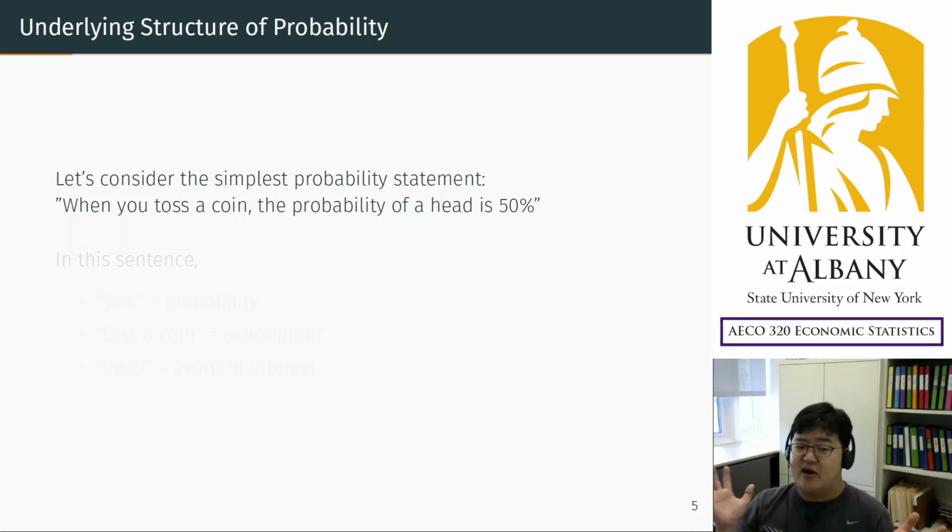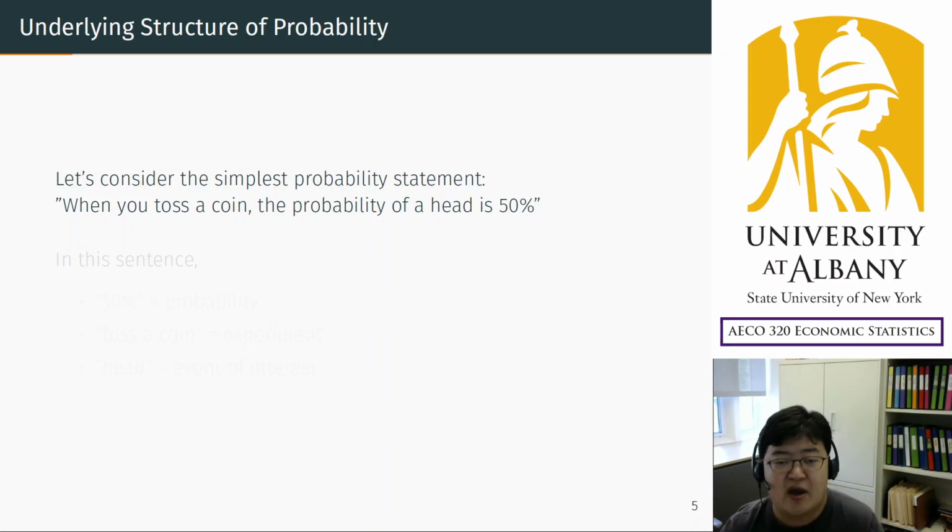The simplest example is the coin toss. When you toss a coin, the probability of a head is 50%. So it's obviously, trivially, a correct probability sentence.